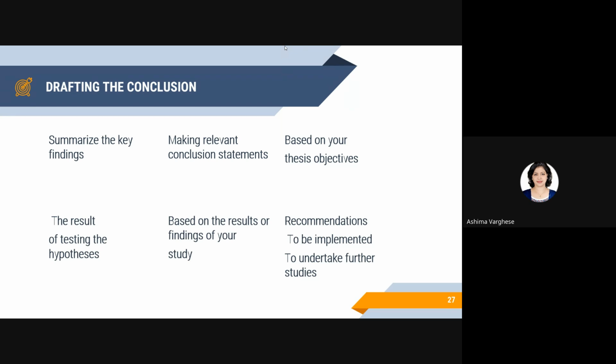So you are supposed to make relevant conclusion statements. Don't reiterate. Just jot down the importance of the study, whatever contribution you have made to the field, highlighting the broader impact. Based on your objectives, whichever significant objective you have actually attained, because your thesis started with the research objectives, you are supposed to highlight that based on my objectives, this is the conclusion I have made.